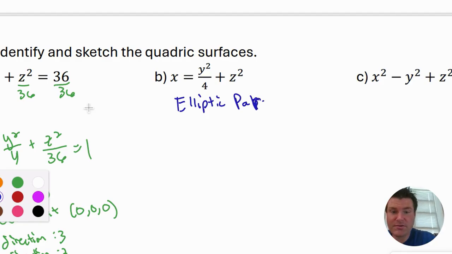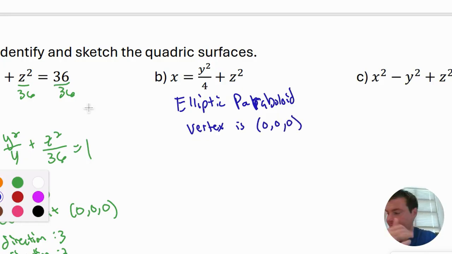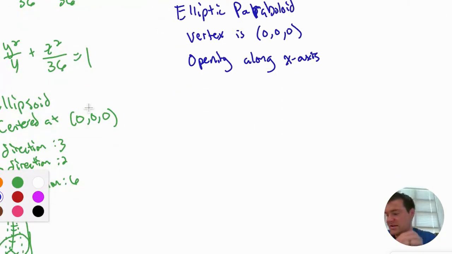Wow, I can't spell paraboloid. Vertex is 0, 0, 0, and this is opening along the x axis.